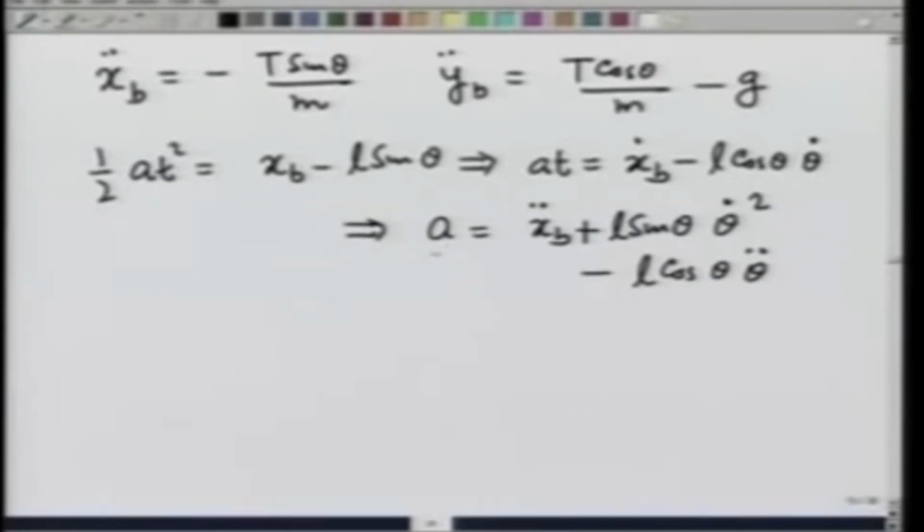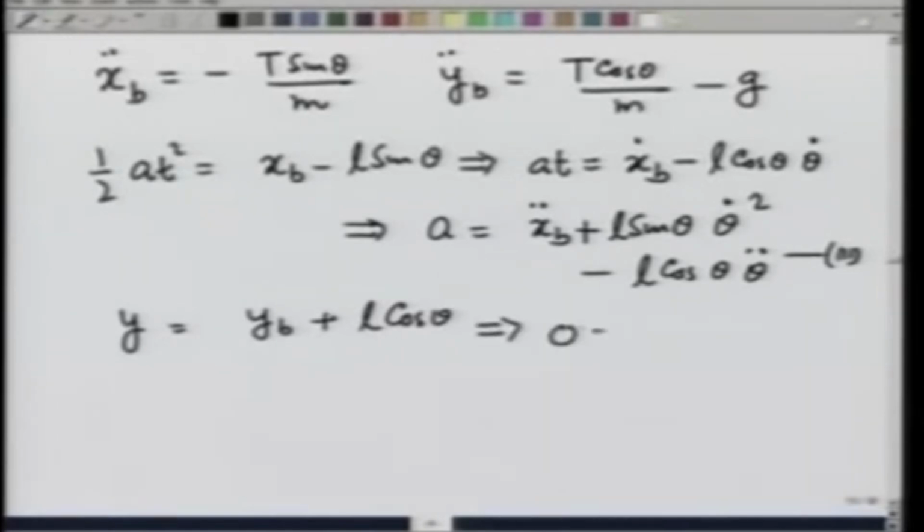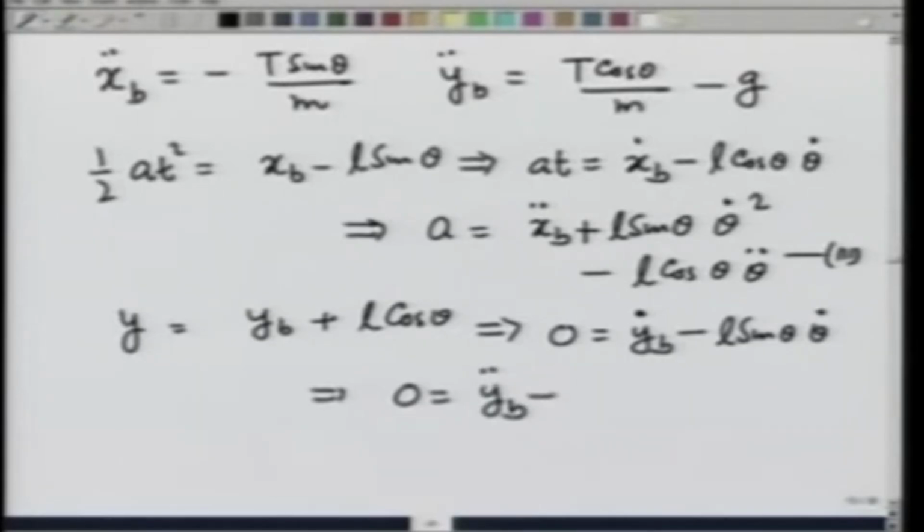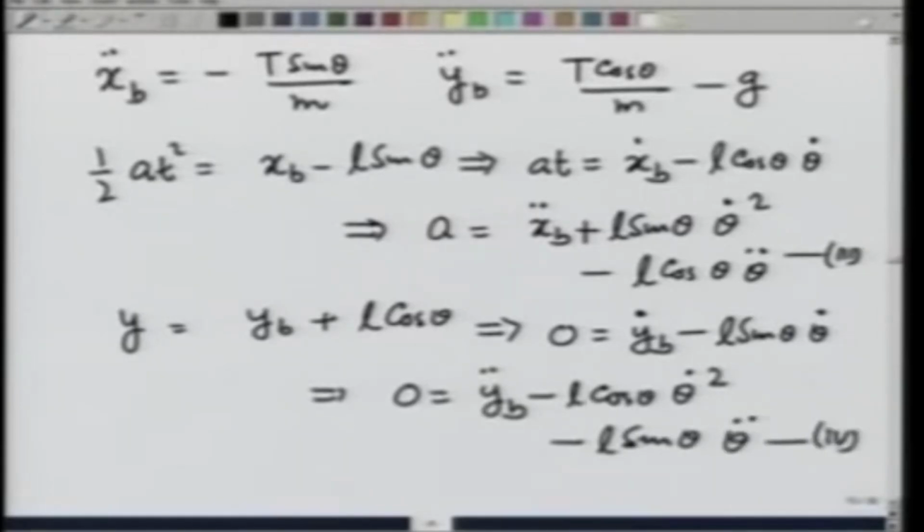And let me call this equation number 3. Similarly, y equals y b plus L cosine of theta gives me y dot is 0, 0 equals y b dot minus L sine theta, theta dot. Differentiating it once more, I get 0 equals y b double dot minus L cosine theta, theta dot square minus L sine theta, theta double dot. Let me call this equation number 4.